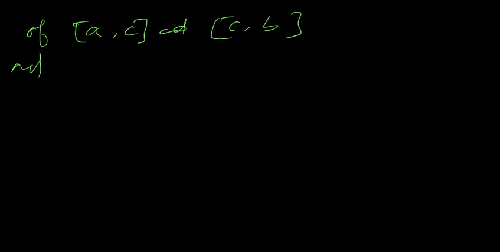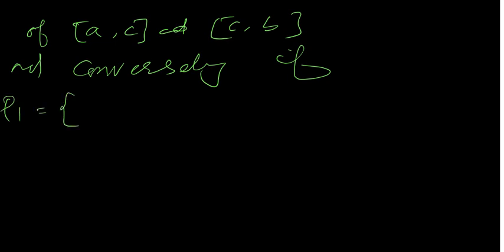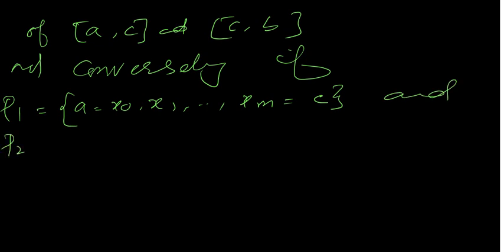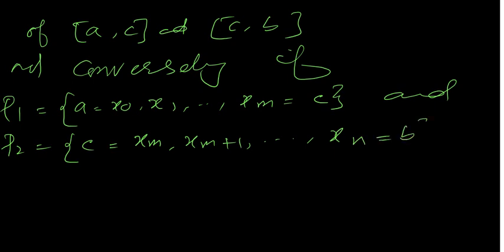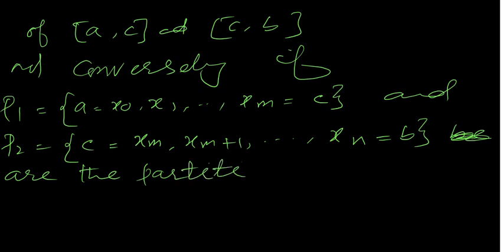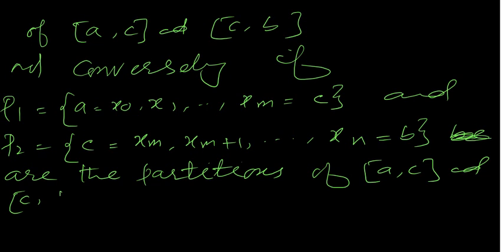Conversely, suppose P1 is equal to A equal to x naught, x1, and so on up to xm equal to C, and P2 is equal to C, which is obviously xm, then xm plus 1, and so on up to xn, which is equal to B, are the partitions of AC and CB respectively.